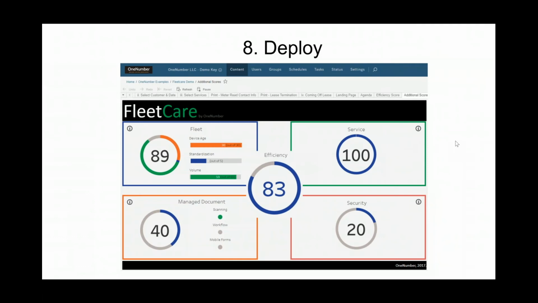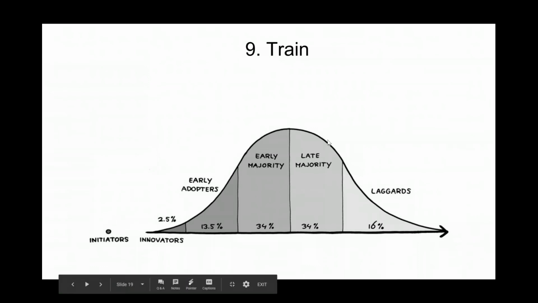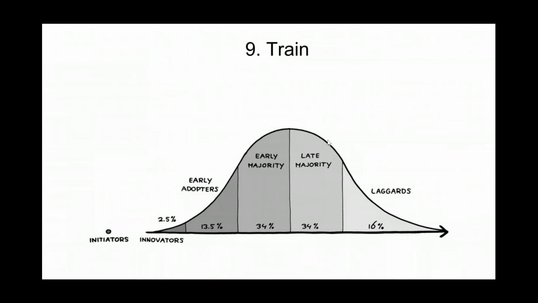And step 9 is going to be training people on what it is that you've created. So if all you do is deploy it, here you're the initiator, this little dot on the left side, you maybe will get that innovator group to take off with it, right? Unless you have a really mature audience.